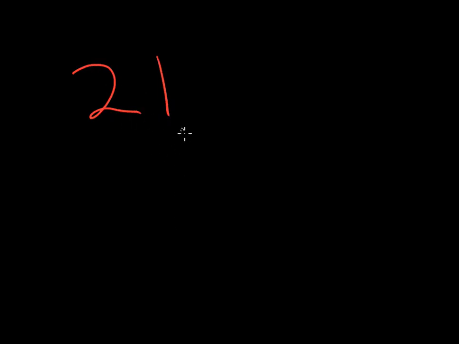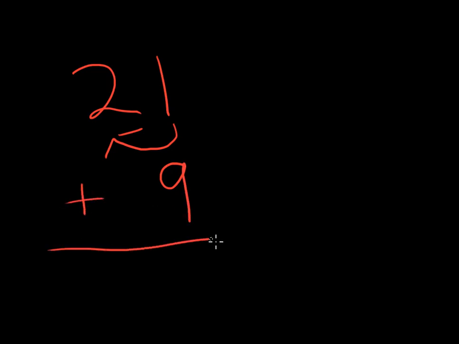Now I want to show you something. I think that we can combine these digits. And I'm going to do that by adding 9. See, 9 is 3 1s. And we have established that adding or subtracting multiples of 3 does not change divisibility.